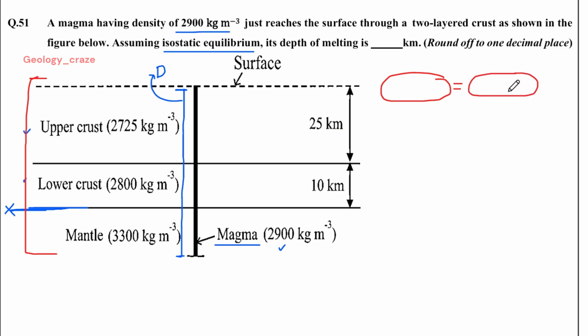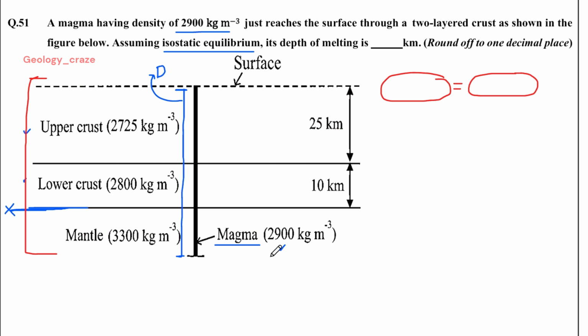If we find the root of the mountain, then these two layers are on one side and this layer is on the other side, because equilibrium is between these two. But in this case, equilibrium is between these layers and this magma. So on one side all these layers will come and on the other side this magma will come.